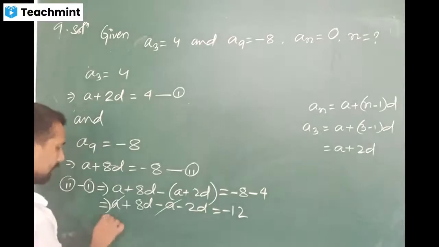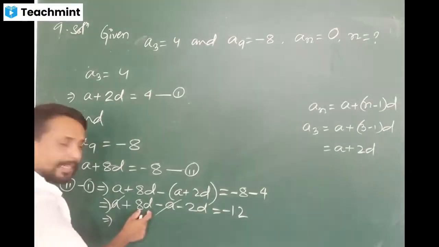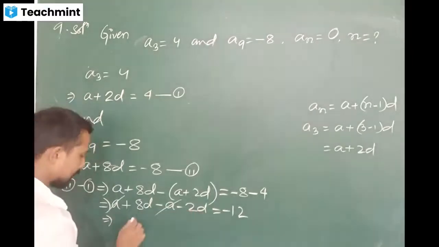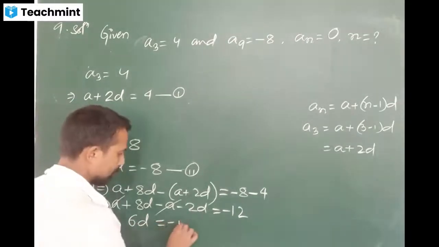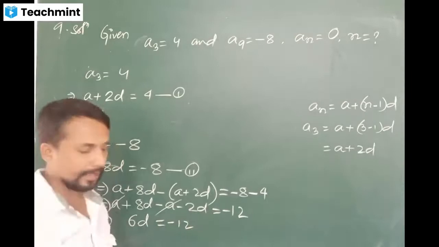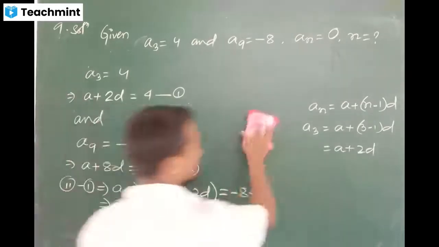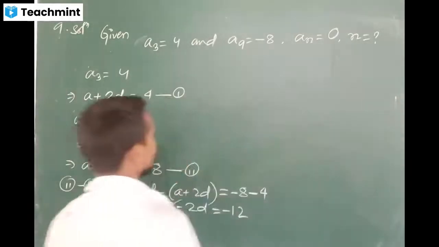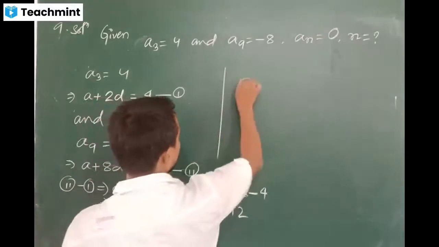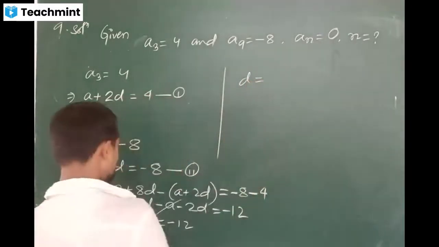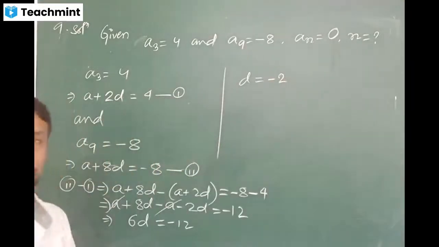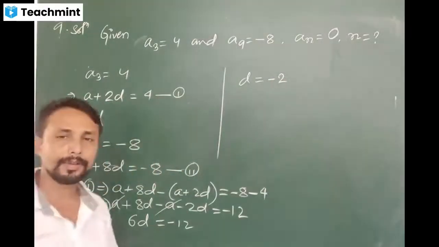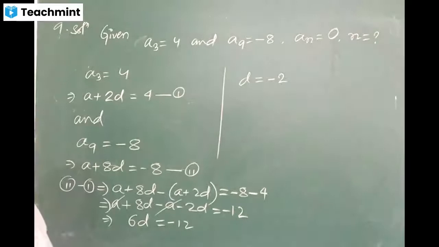So we have plus 8D minus 2D, this is plus 6D, equal to minus 12. So D equals minus 2, dividing both terms by 6.